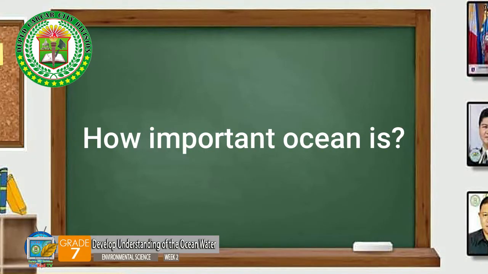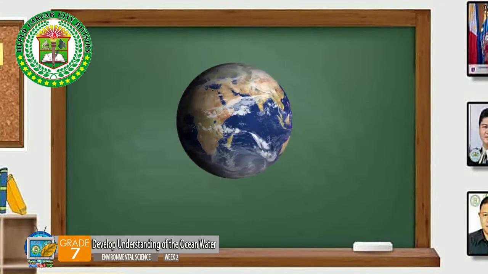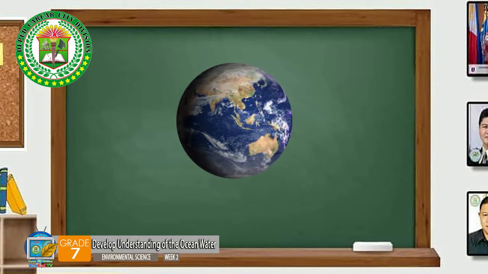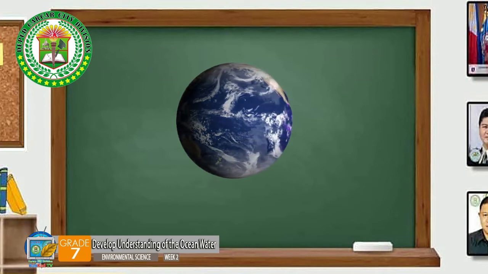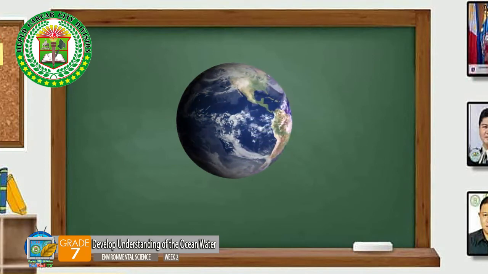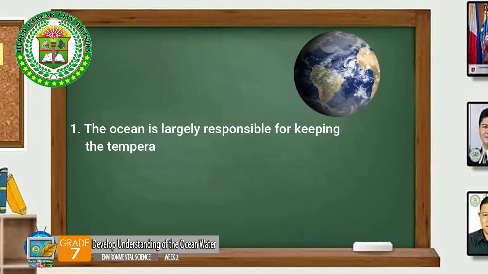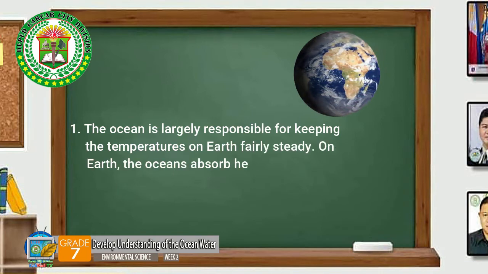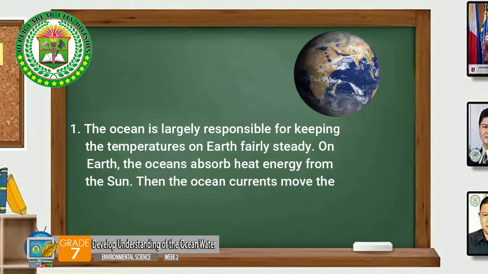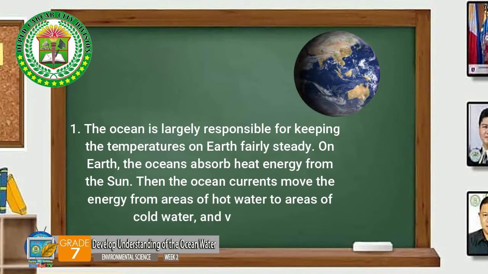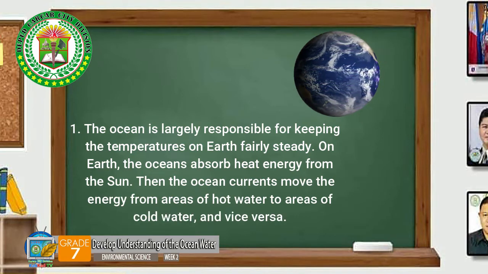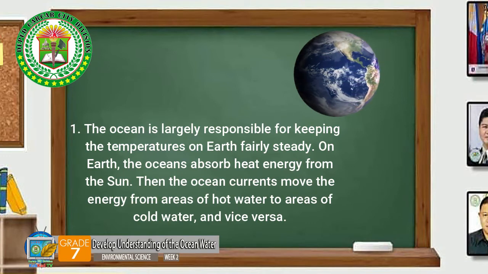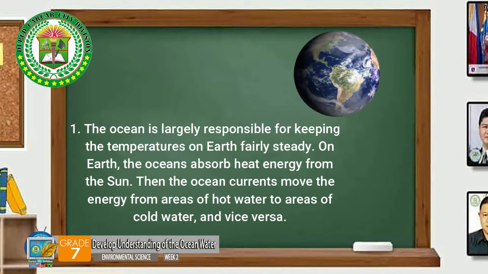How important is the ocean? The Earth's ocean plays an important role in maintaining the world as we know it. First, the ocean is largely responsible for keeping the temperatures on Earth fairly steady. The oceans absorb heat energy from the sun.